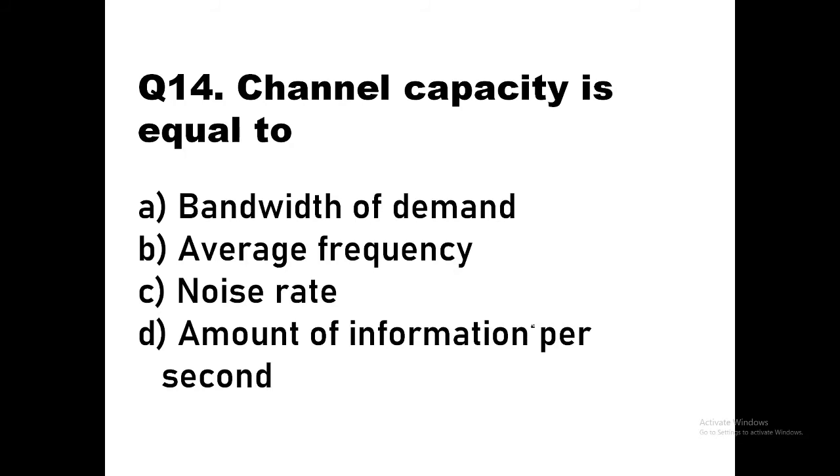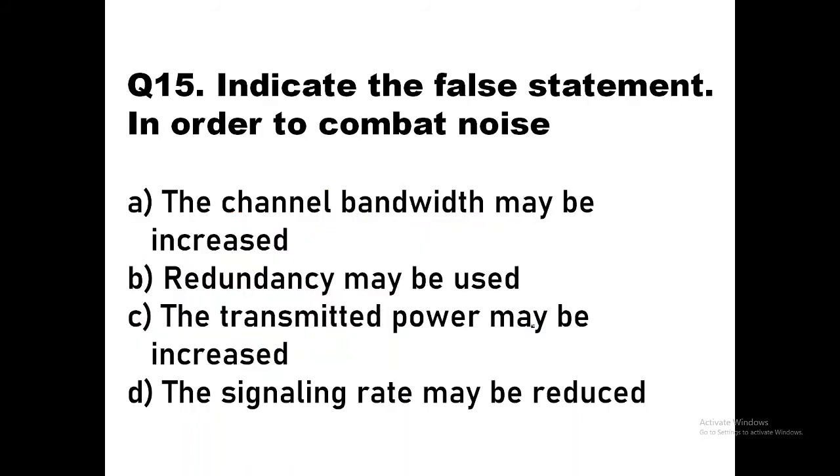So the last option, that is amount of information per second, is the answer which gives you the channel capacity. That means how much information per second a channel can send, or can travel on that channel, that will give you the channel capacity. How much maximum amount of information. Clear?